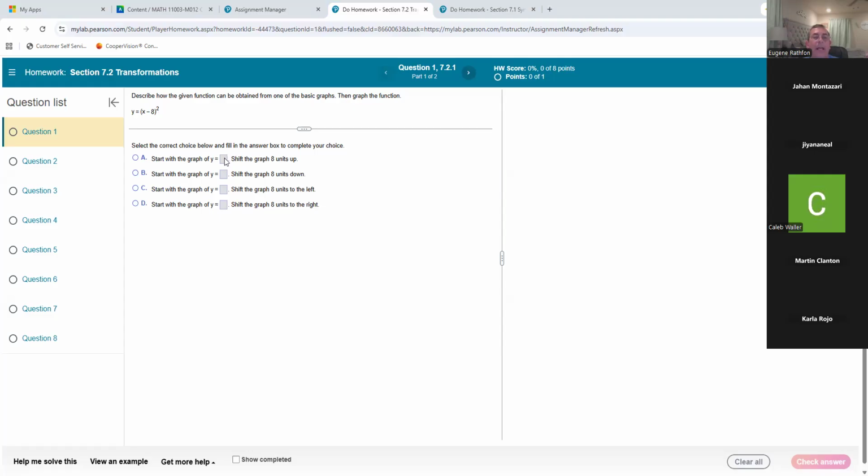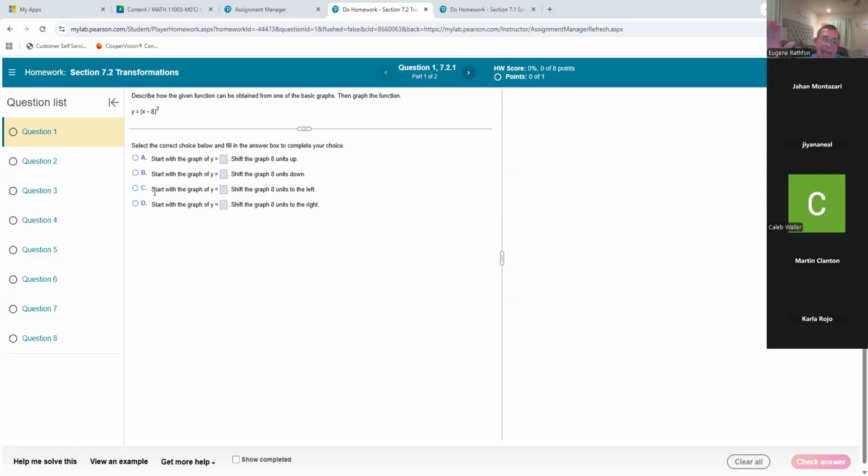So you got to tell it what basic graph you're starting with, and then choose A, B, C, or D based on what we said subtracting 8 from the x will do. I gave y'all the three moves. If I subtracted from the x, is it going to move my graph left, right, up, or down?